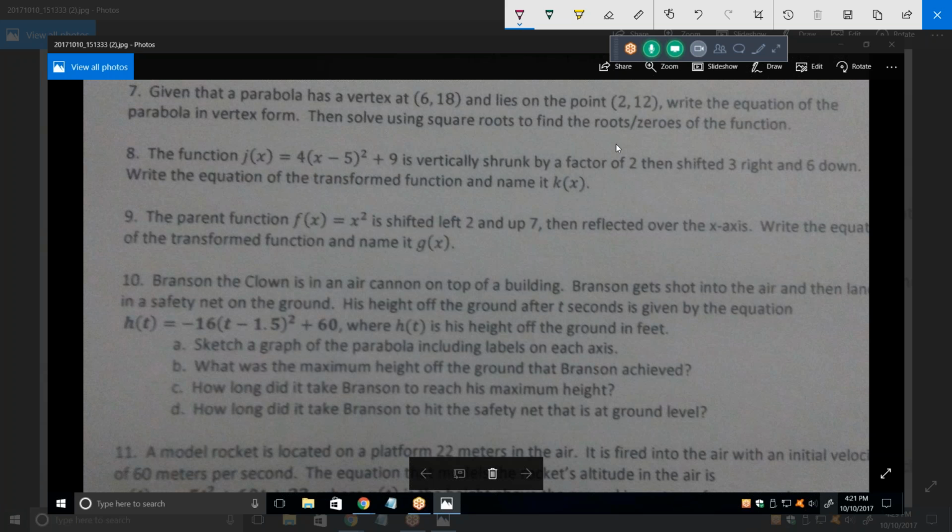Okay? All right. So sketch a graph of the parabola, including labels on each axis. Okay? Let's do that. What's my horizontal label going to be?